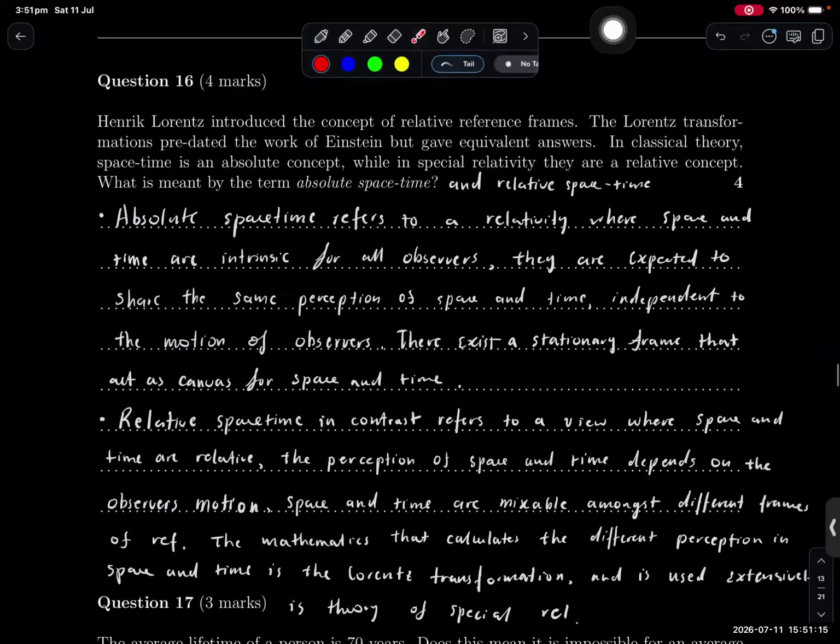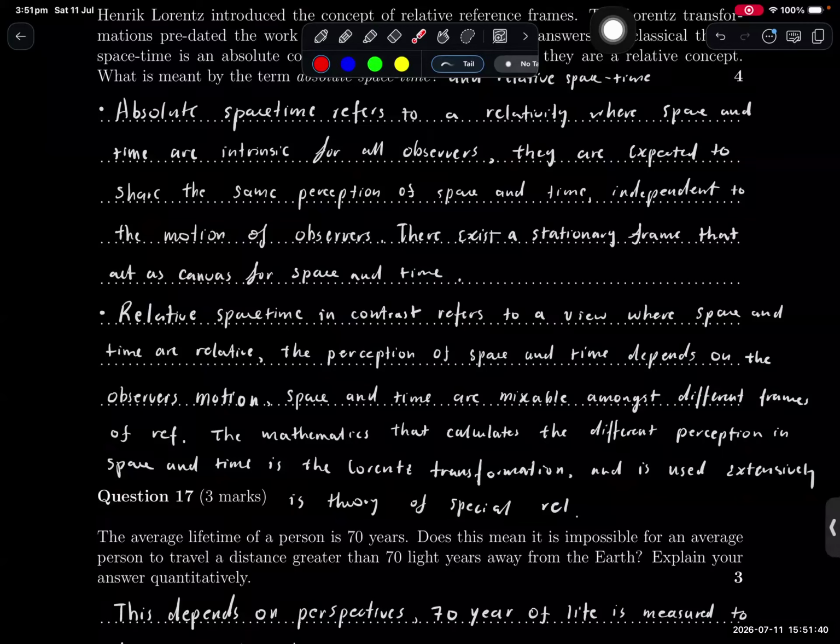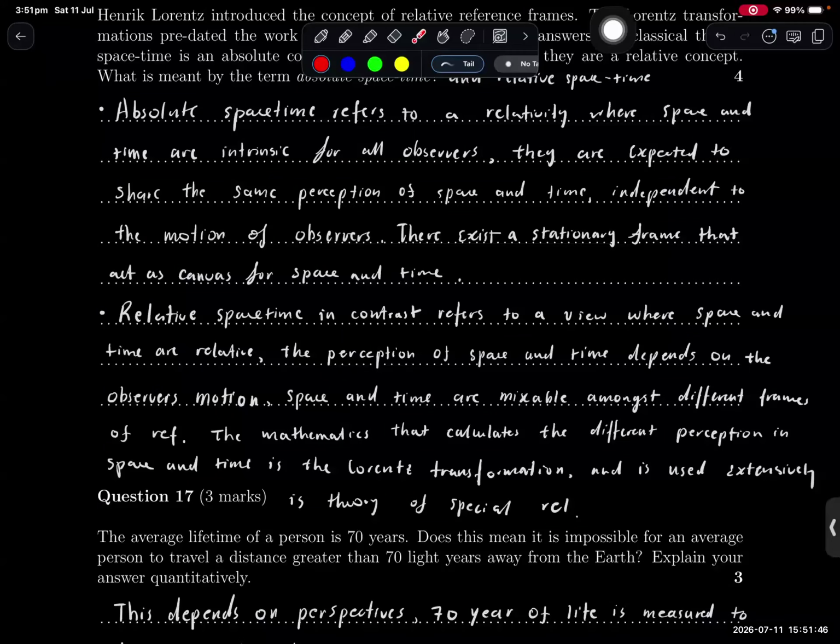So, absolute space-time would refer to a view where space and time are intrinsic for all observers. It's like saying everyone should see space and time with the same perception. There shouldn't be any differences between space and time. They're expected to share the same perception of space and time, independent of the observers' motion. There exists a stationary frame so that everybody measures phenomena relative to this frame.